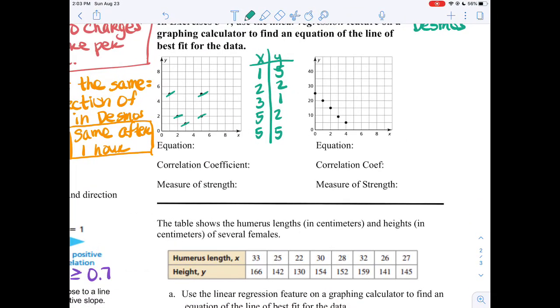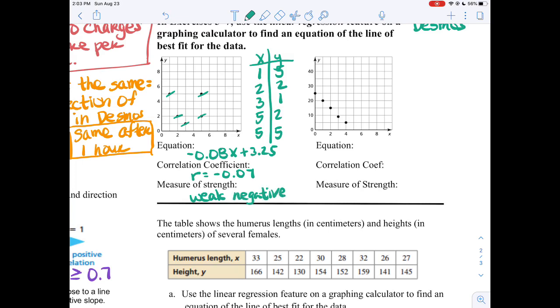All right, so our equation, grabbing the m and the b from our Desmos information, was negative 0.08x plus 3.25. And then our correlation coefficient was that very small number of negative 0.07, meaning that we are negative because we have a negative there, but it's a very weak negative.